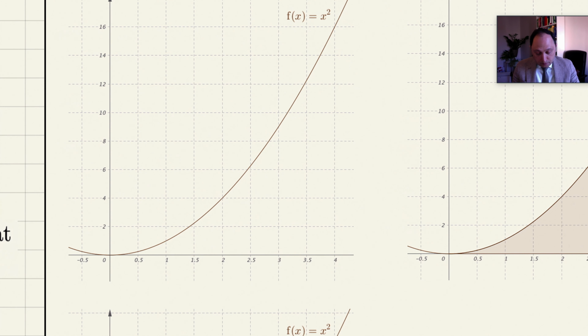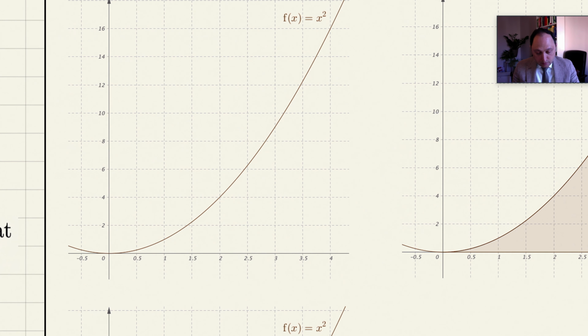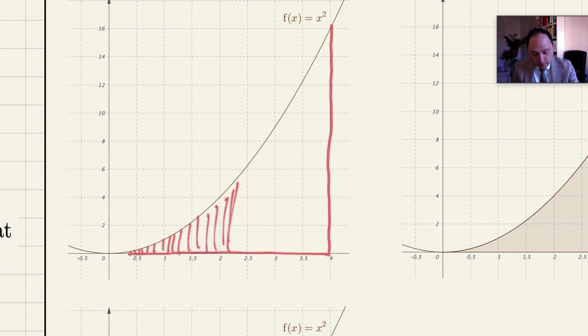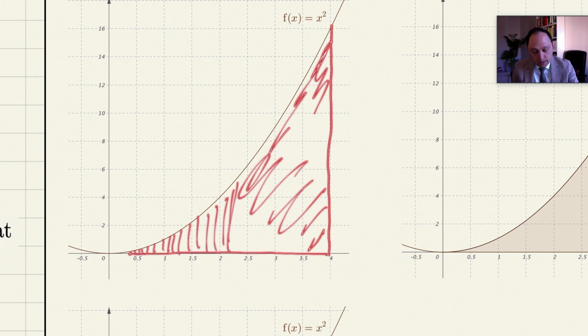Now the point is that we want to calculate, this is the x-axis, this area which is enclosed between this straight line and this straight line passing through x equals 4 and this curve. At least this is not a trivial problem, yes?